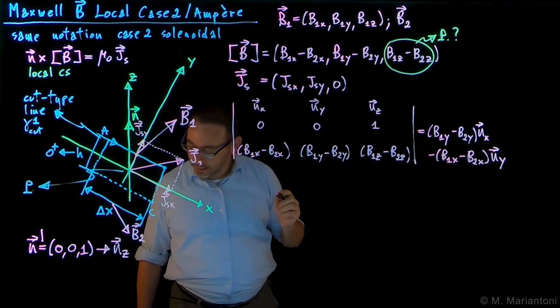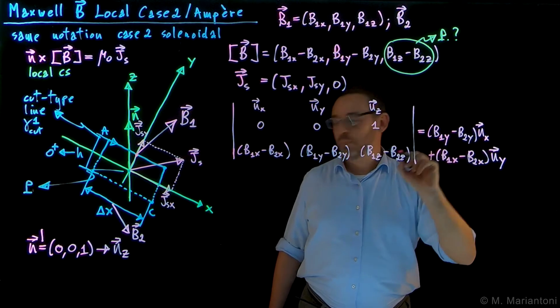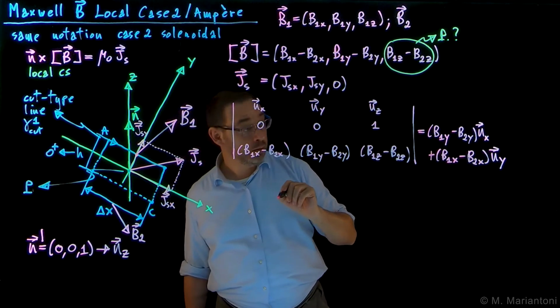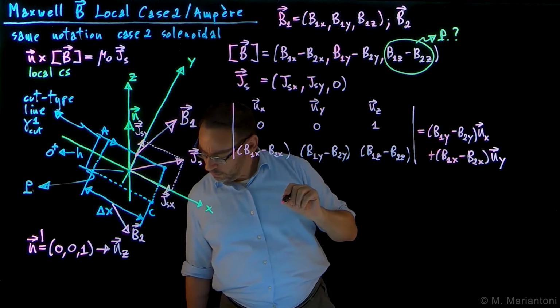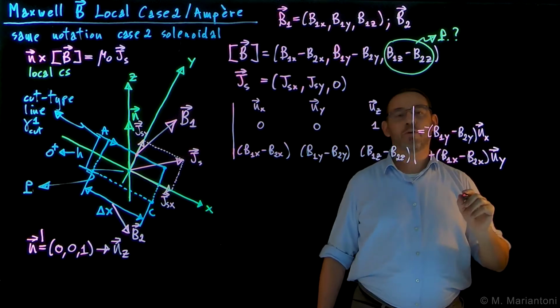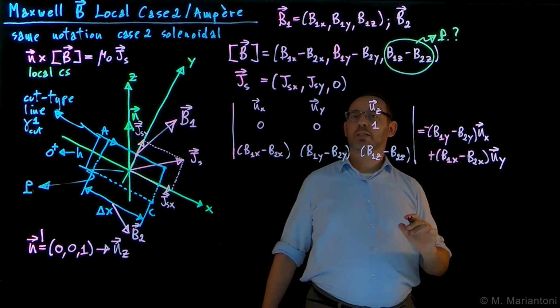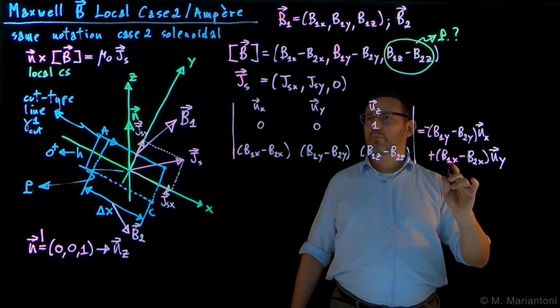I've done it exactly the other way around. So typical mistake. So this gets a plus, and this one with the y component gets a minus. So I've done it the other way around. So that's why it's good to check. So you do this simple calculation here, and that's what you get from this determinant.